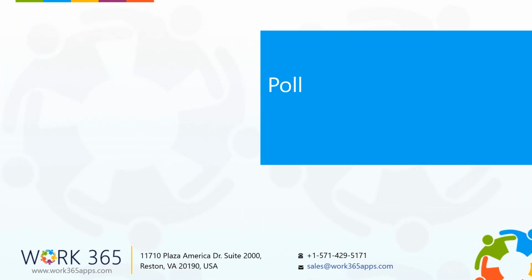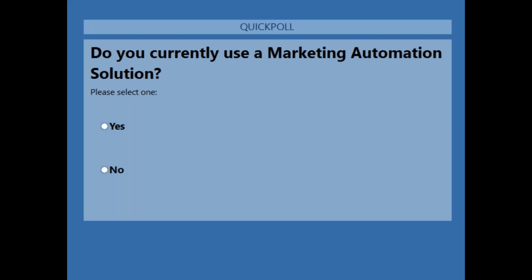So I do want to take a quick poll here and ask people on the call today if they are using a marketing automation solution. I know marketing automation solutions can vary by platform, and features can definitely vary, but there are some interesting statistics out there saying that by 2022, businesses will invest about 80% more of their dollars into marketing automation technology.